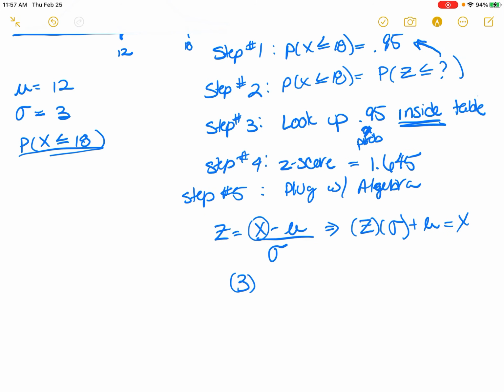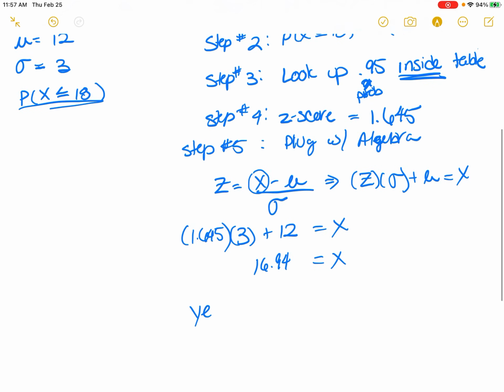So in solving, I now know that 1.645 times 3, plus the 12, is going to give me the x that I'm looking for. And then my x is going to end up being 16.94 minutes.